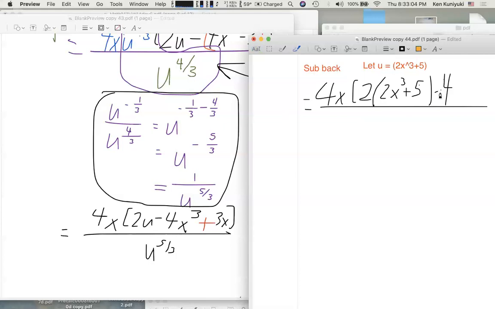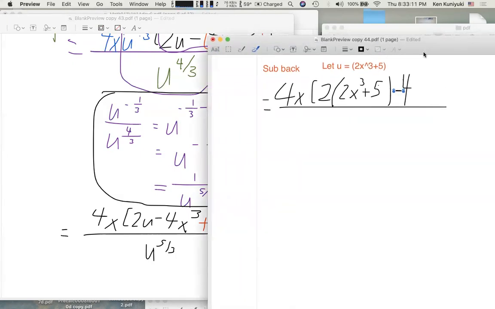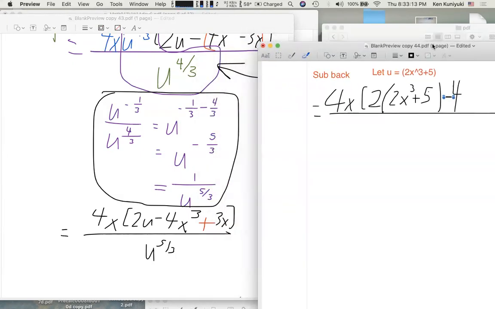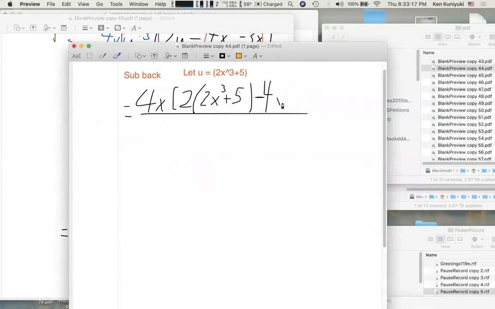That's a minus sign. Make your minus signs big and long there, because sometimes minus signs look like times dots. Mine do too sometimes. Gotta watch out. Minus 4x cubed plus 3x, right? Minus 4x cubed plus the 3x.